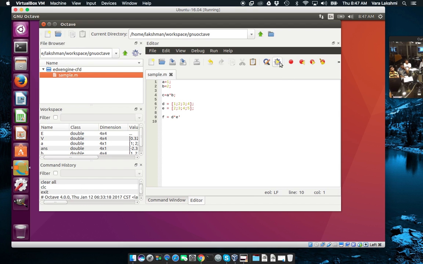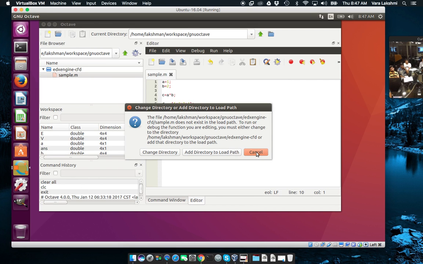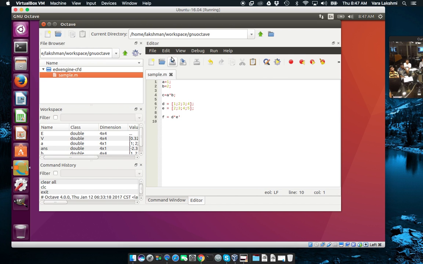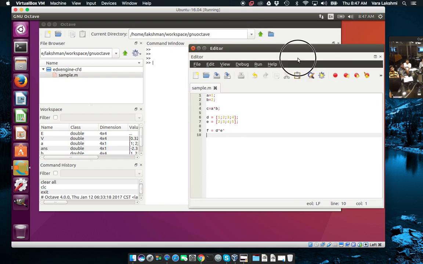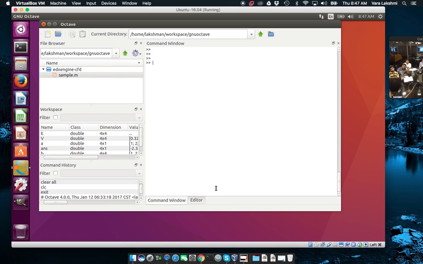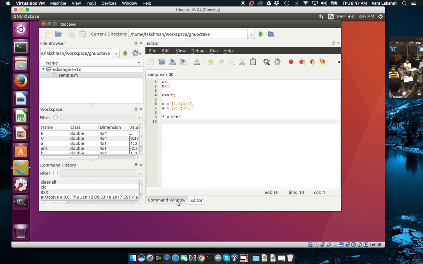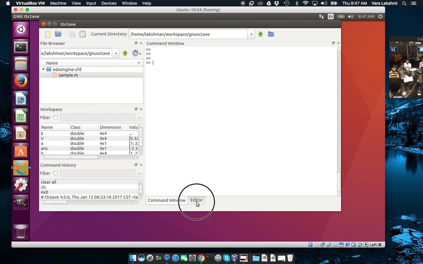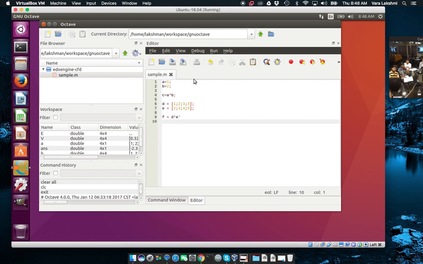So either you can click this and it will run automatically, or the other option is, let's undock this so we can move this one here. Okay, there is another thing. Either you work here by switching between these two, command window and editor window, or you can undock this and then work only on command window, whichever is comfortable.